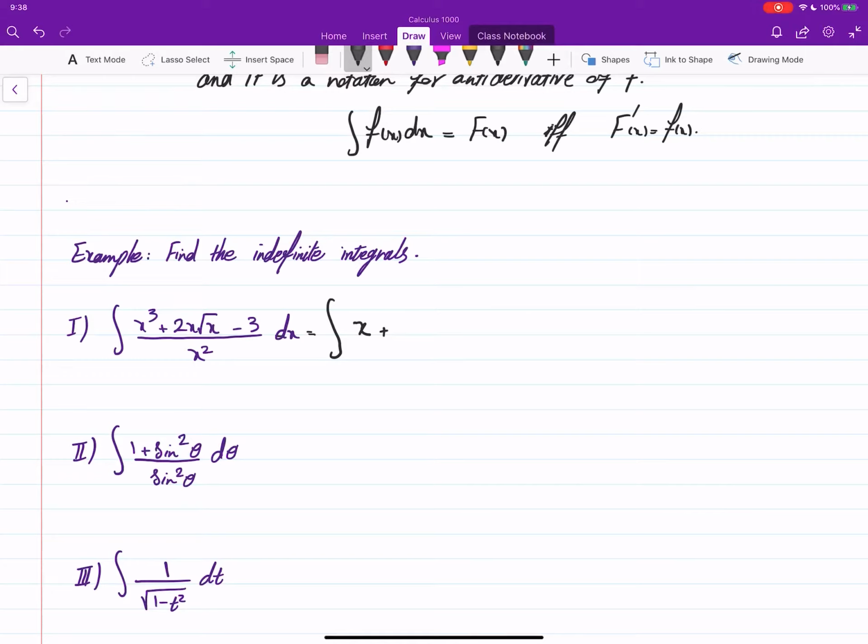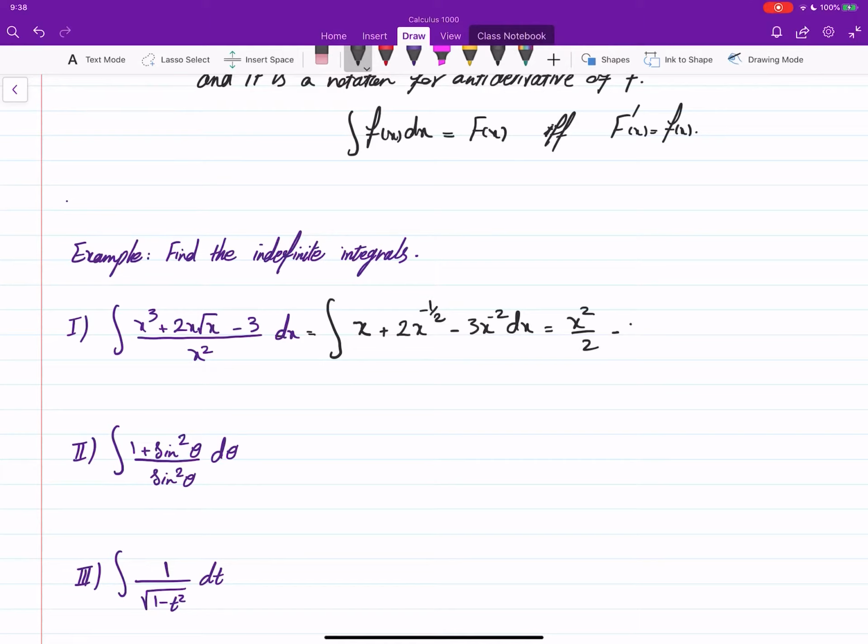For the second one it will be 2x to the power negative half. For the third one, it will be negative 3x to the power negative 2. And now I know that I can find the antiderivative of each one and do the work. So add them, subtract them.